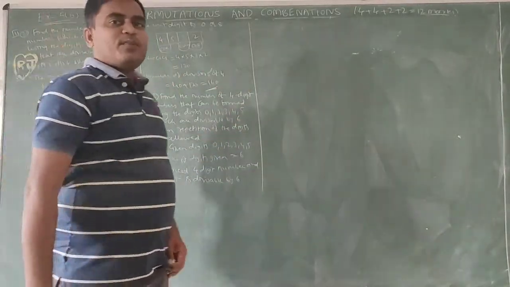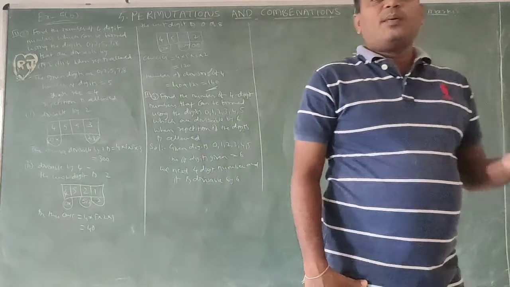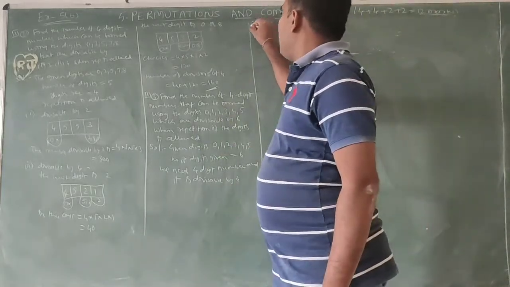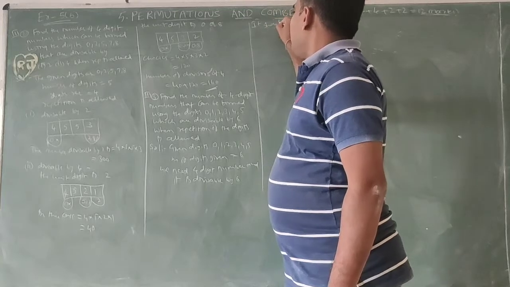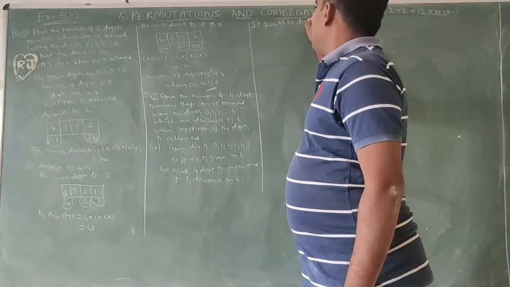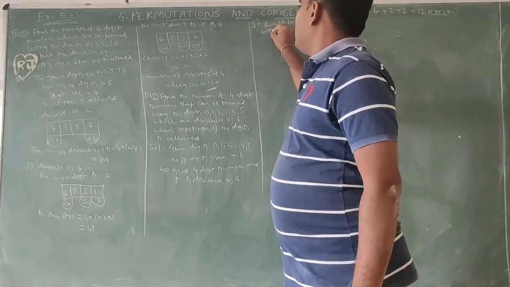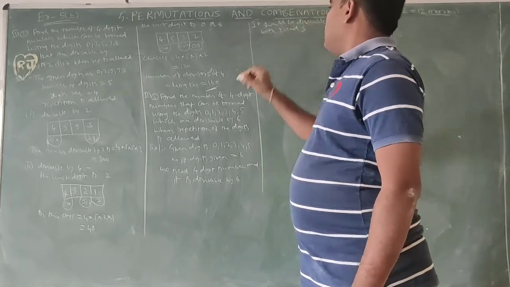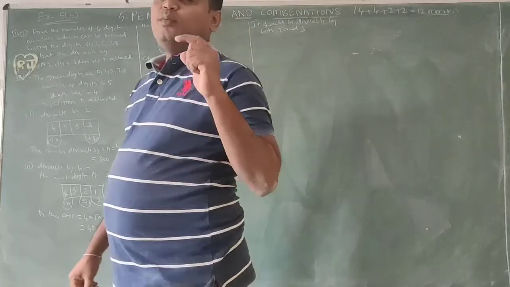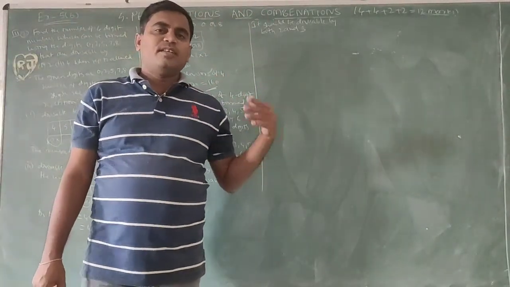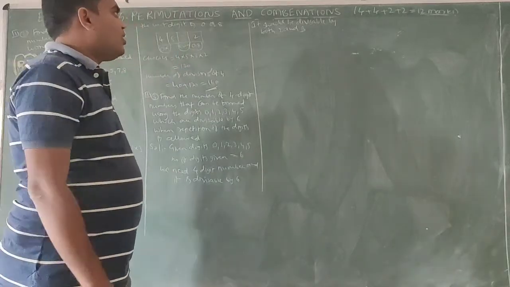What is the divisibility principle of 6? A number is divisible by 6 if it is divisible by both 2 and 3. 2 means even digit, last digit even. 3 means sum of the digits is divisible by 3.